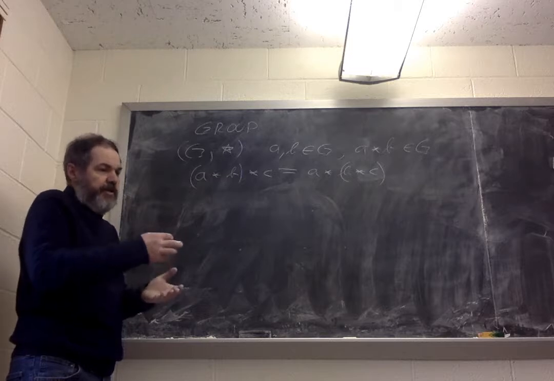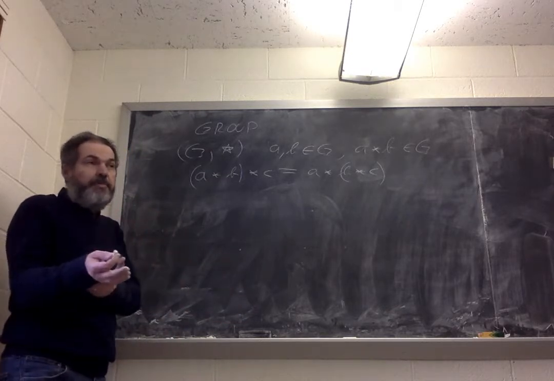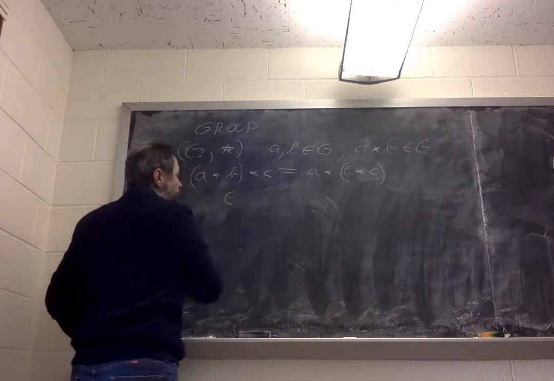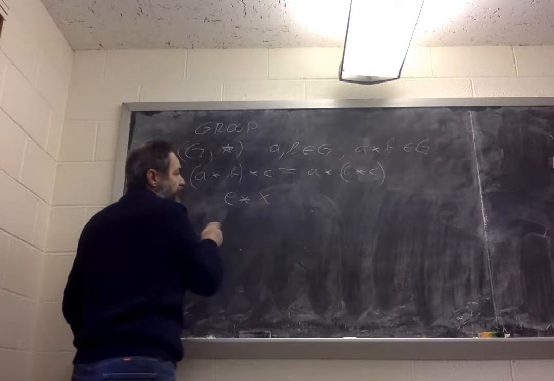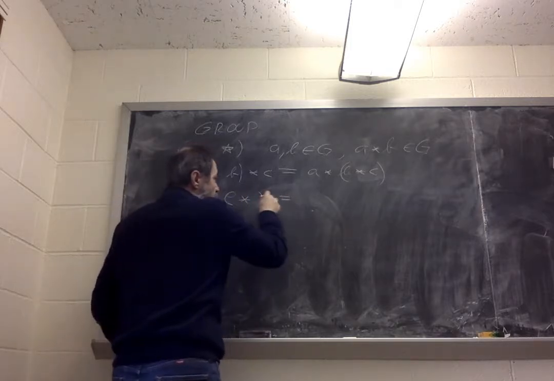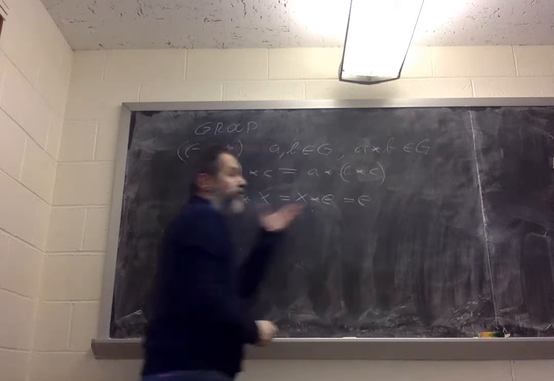If you take 0 plus any number, it's that number, or 1 with respect to multiplication. So let's call this E. There is one element E such that E times any element X in the group is equal to X times E, and it's equal to X. We require that this happens.